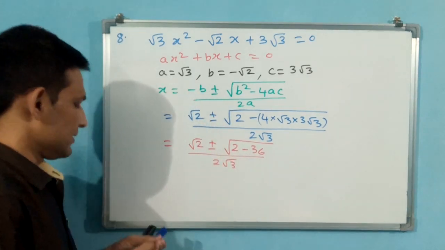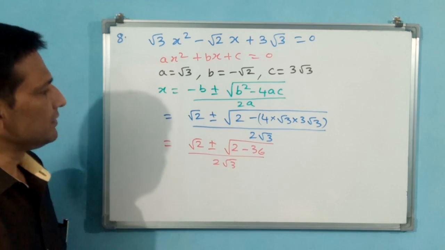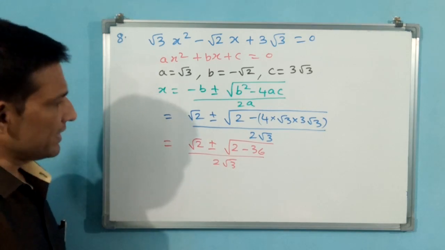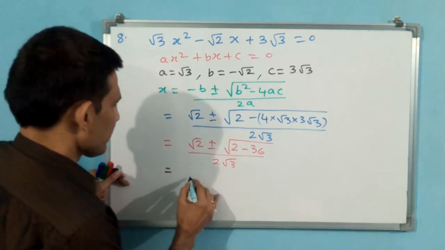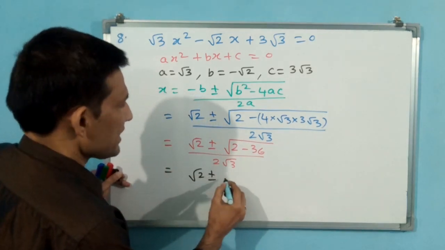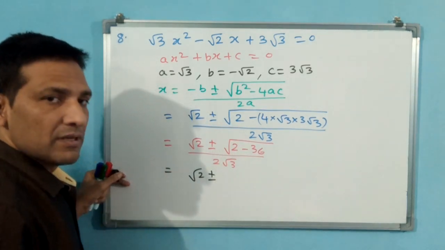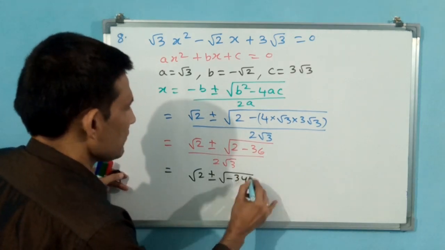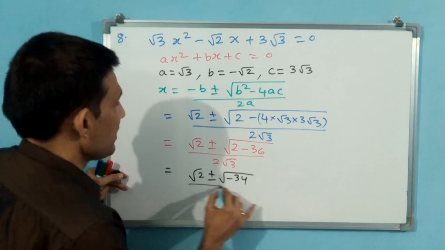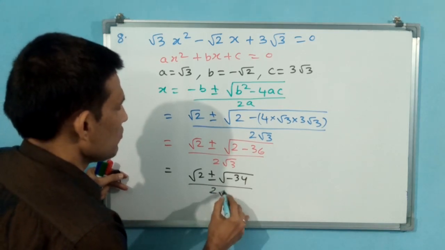Is it okay? Like this only you have to write. Okay. 2 minus 36 means how much it will come? Root 2 plus or minus, 2 minus 36 means minus 34. Minus 34 under root by 2 root 3.